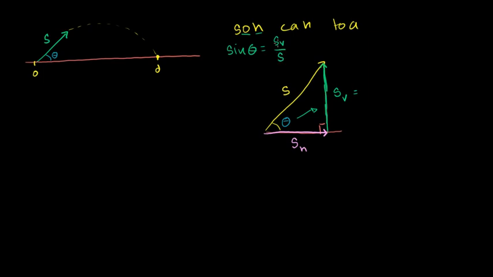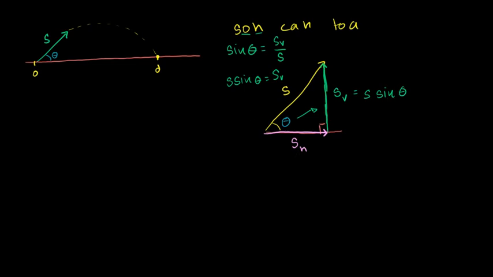And so if we want to solve for the vertical component of our velocity, we multiply both sides of this equation by s. So you get s sine of theta is equal to the vertical component of our velocity.